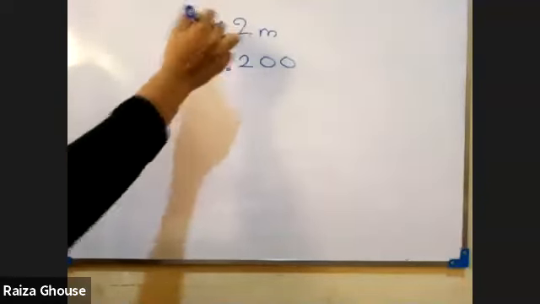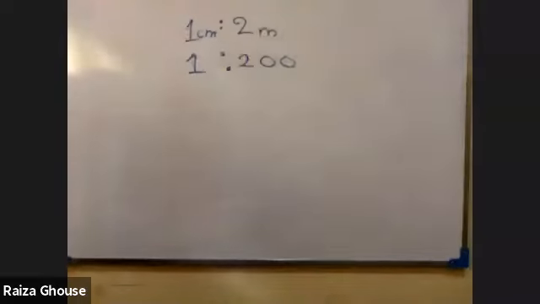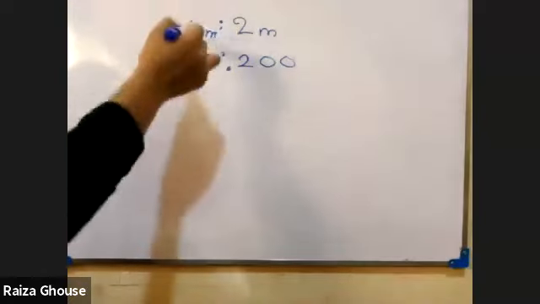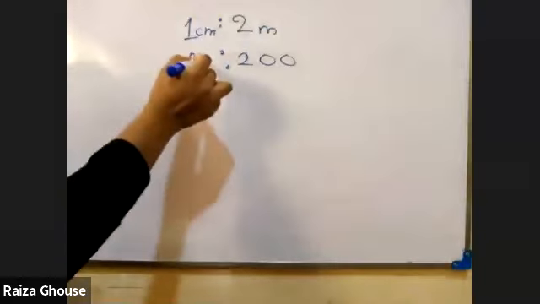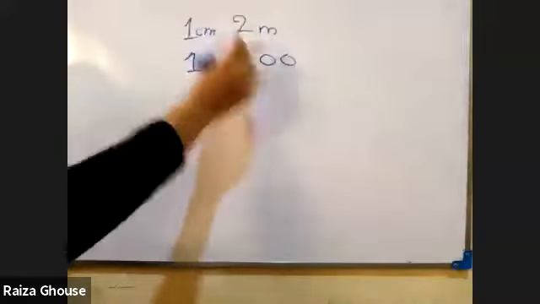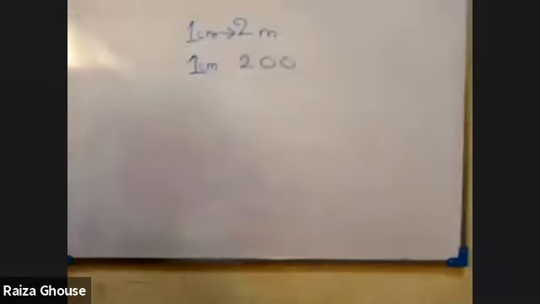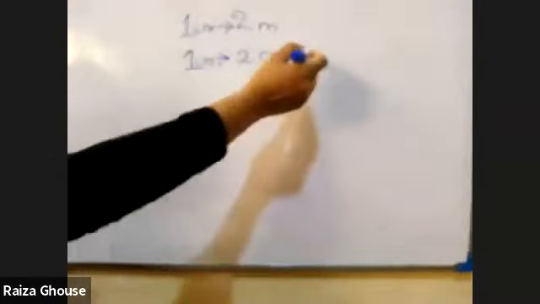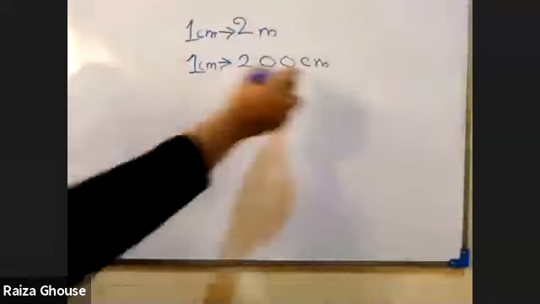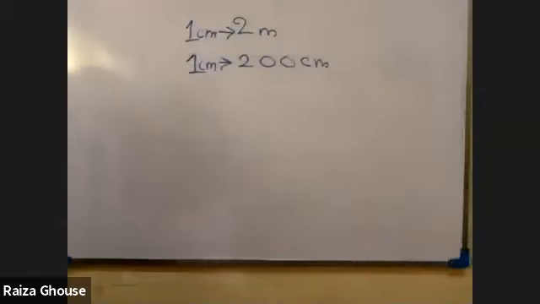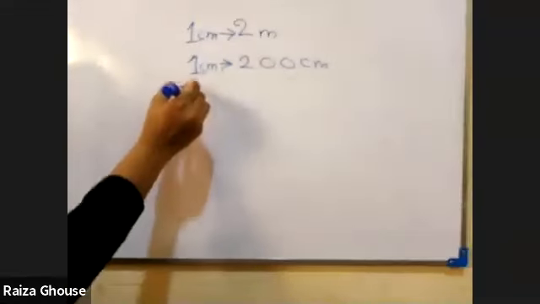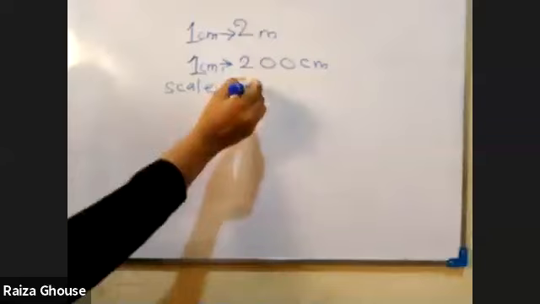Listen very carefully. This lesson is very easy. 1 centimeter is 2 meters. The same thing I represented here: 1 centimeter is showing 200 centimeters. Now you can see that these are in the same units. So when they are in the same unit, we can write down the scale as 1:200.